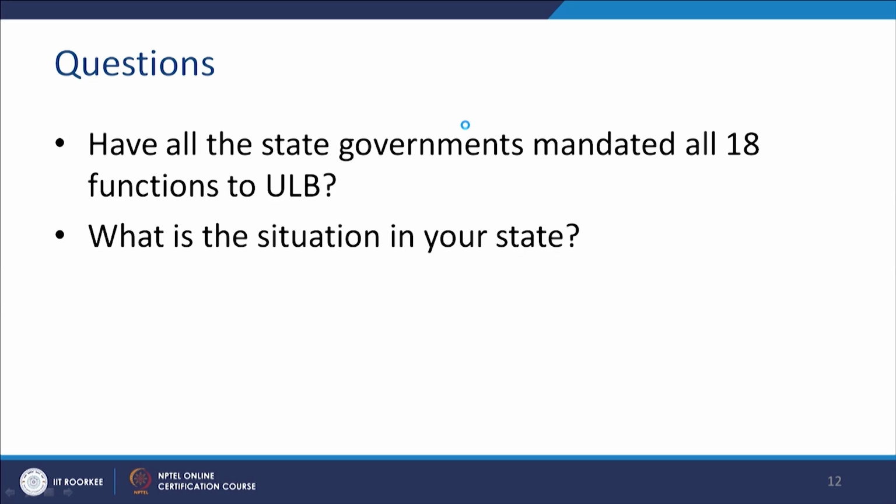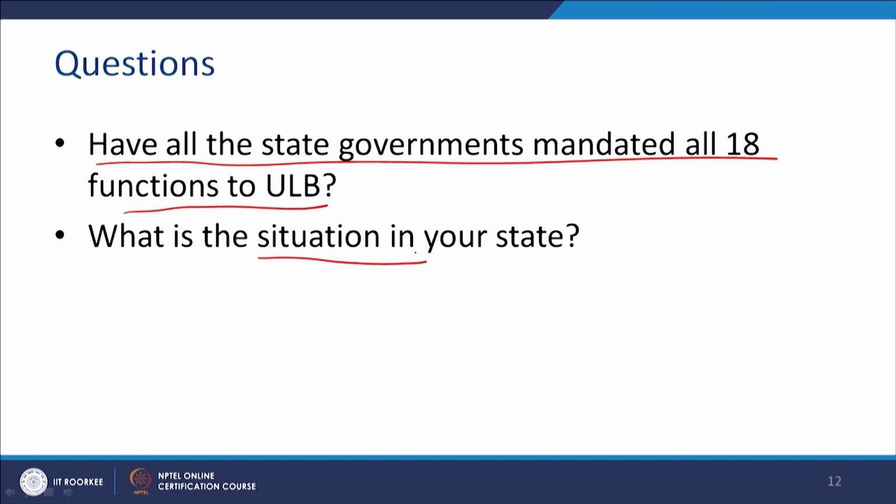So, please think about these two questions. Please check your state level municipal acts and think about whether all the state governments have mandated all 18 functions to the ULBs. You will find that there are state governments which have not mandated or delegated all the 18 functions; except for 1 or 2 or 3, they have mandated or delegated most of the functions.